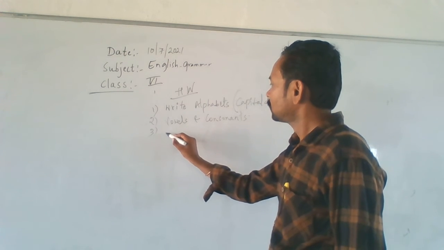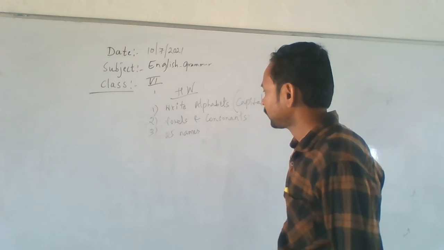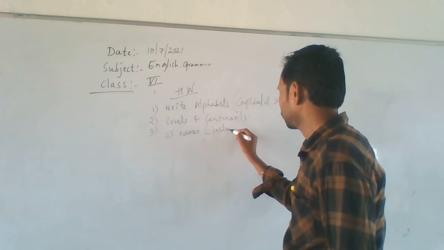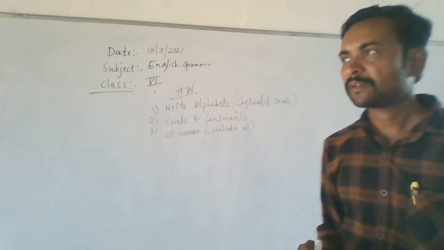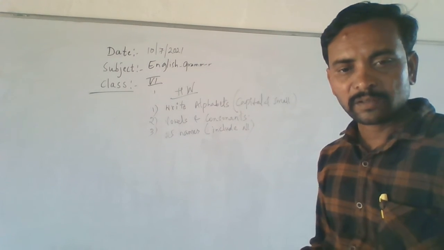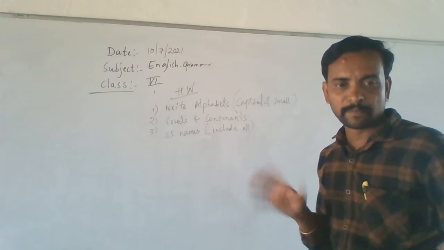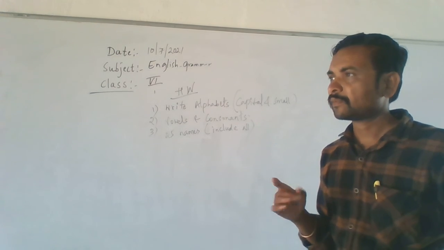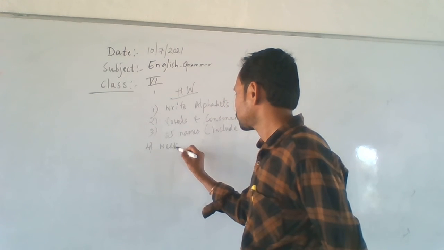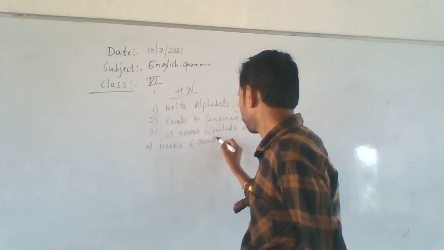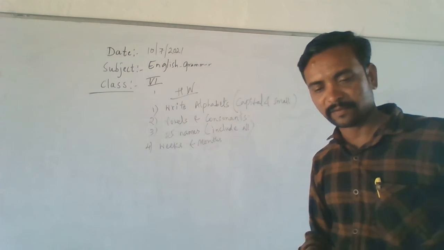Third, 25 names. You have to write 25 names, including all: flower names, vegetable names, parts of the body, whatever you take. Even weeks and months you have to write, compulsory.